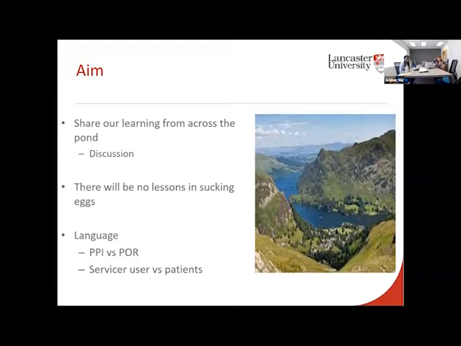The other area in which the language differs slightly is that we often use the term service user rather than patient. This is probably most specific in mental health, where there's a lot of debate around terminology. It also reflects that most of the work I'm going to talk about is working with people who use mental health services, but obviously there's a big group of people in the general public who don't.